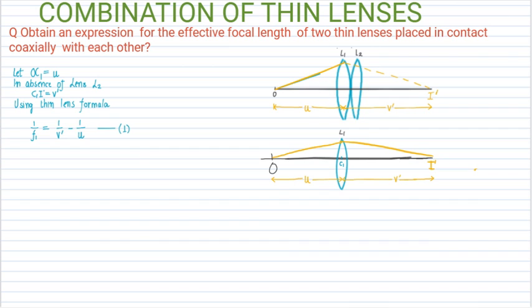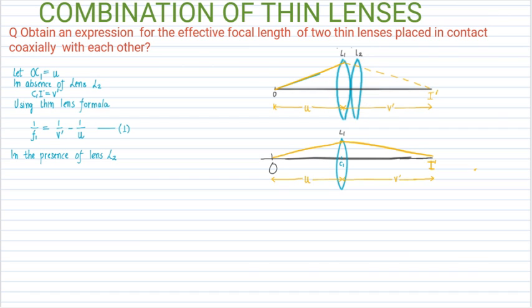In the presence of lens L2, what happens is that this image I dash will act as a virtual object for your lens L2.